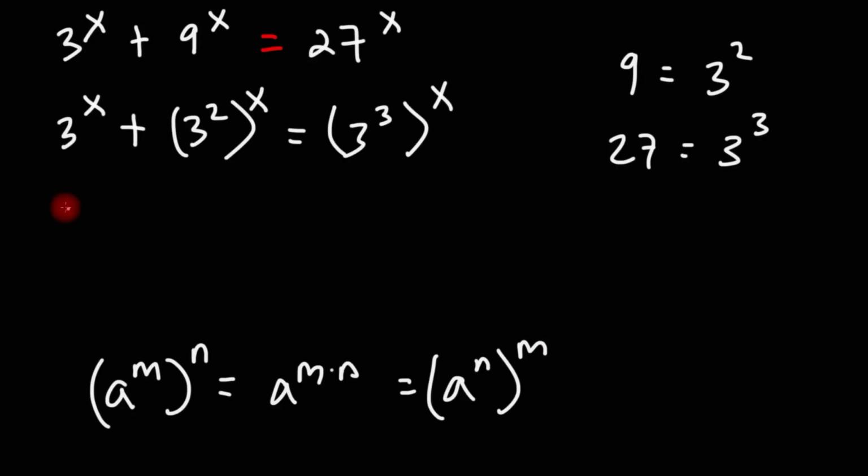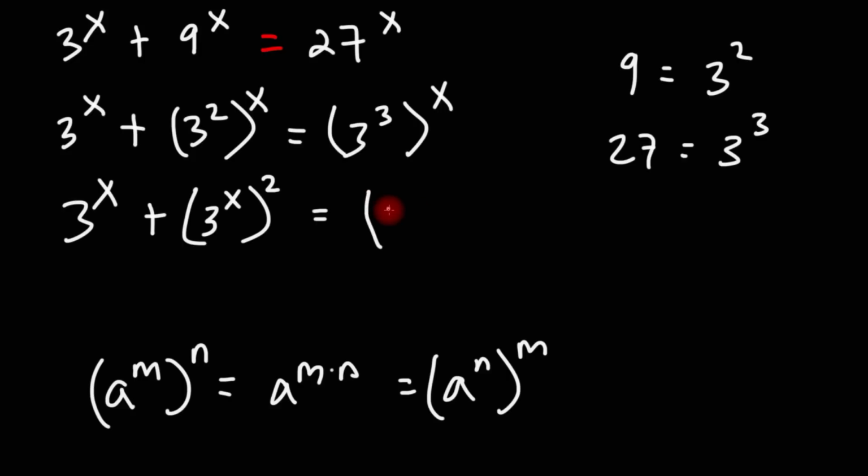So what I'm going to do is reverse the 2 with the x and the 3 with the x. So 3 squared raised to the x is equivalent to 3 raised to the x squared. And we could do the same thing for the other one.